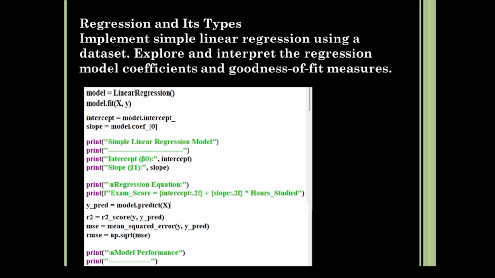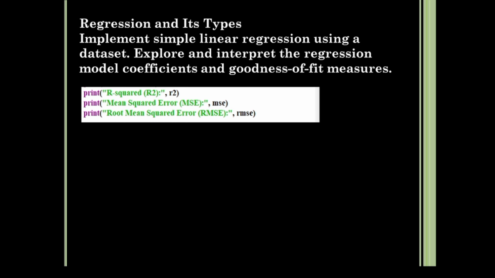Whatever I have mentioned inside my double quotes is just a heading and will be printed as it is. Next, I have print R squared, r2. So it prints the performance result. Next, we have mean square error, then root mean square error. For all three, it will print the performance results.